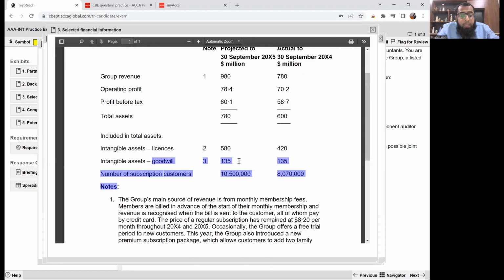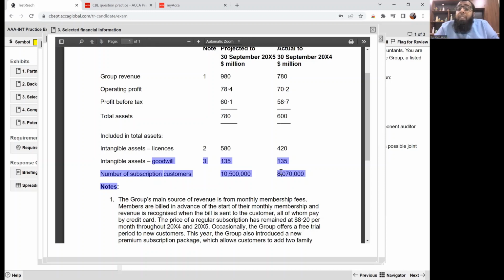But if I look at the previous year, where my group revenue is 780 million and number of subscribed customers is 8.070 million, it is $96.6. Now what we are seeing here is that revenue per customer is falling. Listen to me. The revenue per customer has declined from $96 to $93. Our revenue per customer is declining.